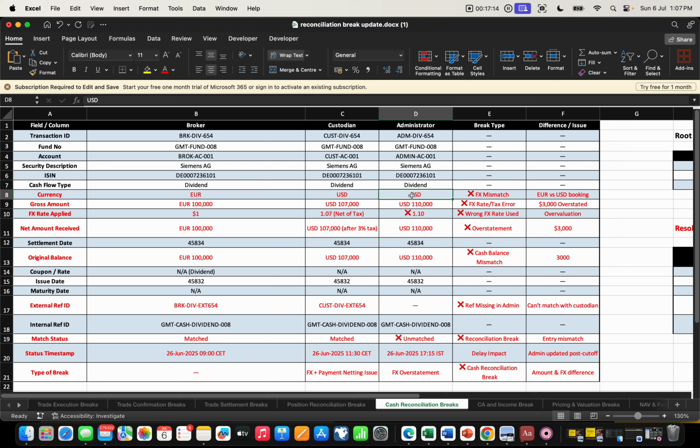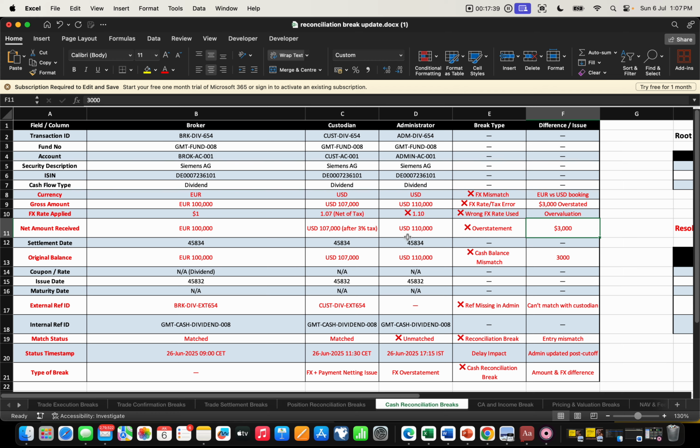The FX rate applied for euro is 1, but the custodian applies 1.07 and the administration applies 1.10 due to currency mismatch. The net amount will be 1 lakh here, 1 lakh 7 here, 110 here, and an overstatement of something like 3,000.